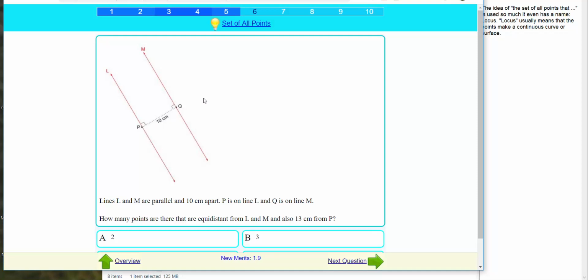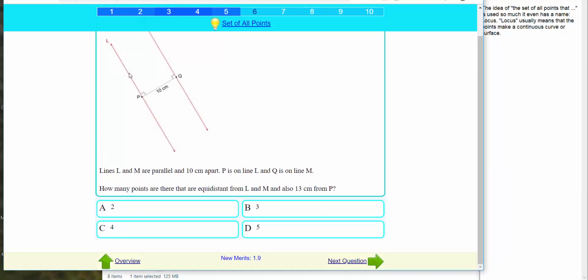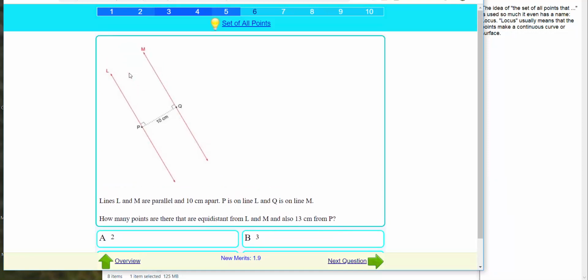13 centimeters from P. It could be L and M, so it could be this way. So that's the line. And how many points? Also 13 centimeters. And these are parallel and these are 10 centimeters apart.